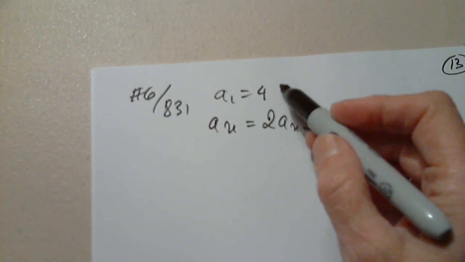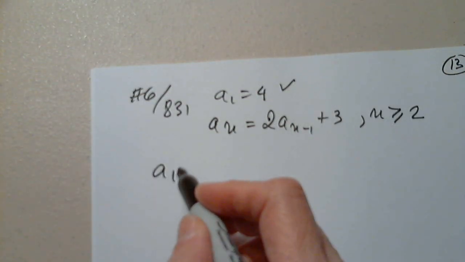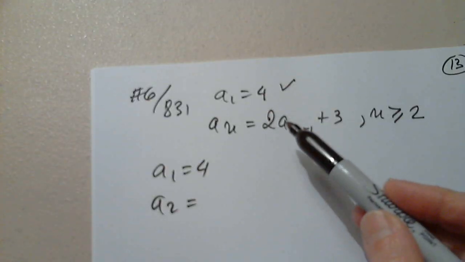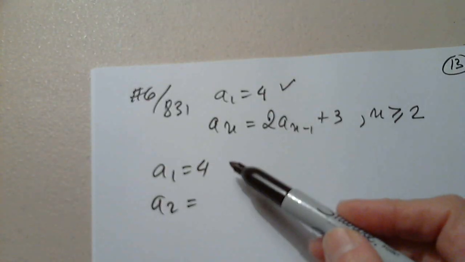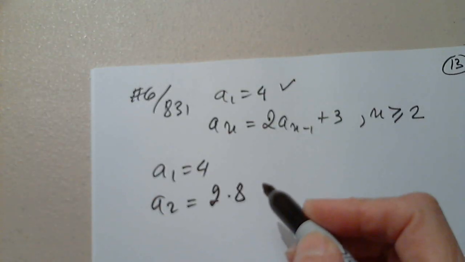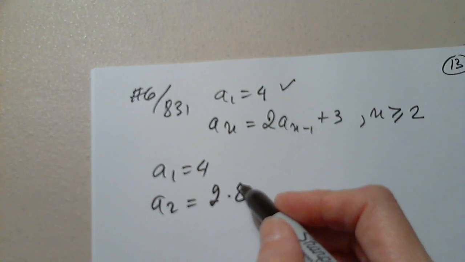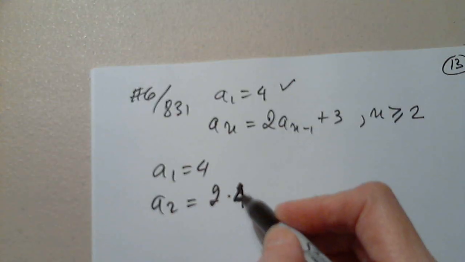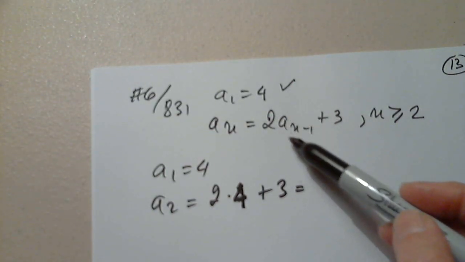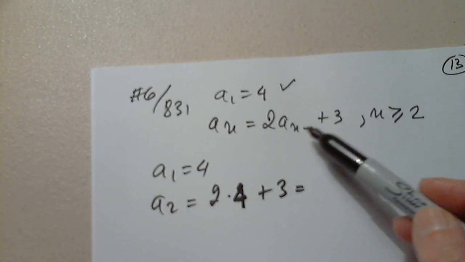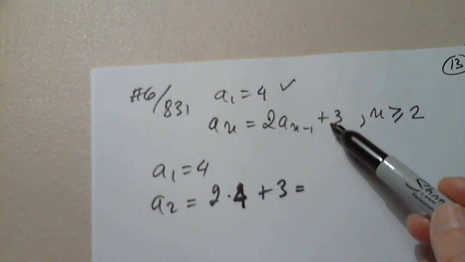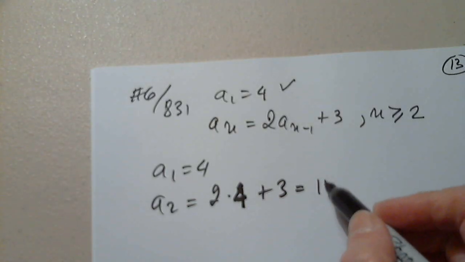The first term is already given to us. So then a1 equals 4. a2 means 2 times the previous number, plus 3. So this is 2 times a sub 1 plus 3, and a sub 1 is 4. So 2 times 4 plus 3, 8 plus 3, 11.